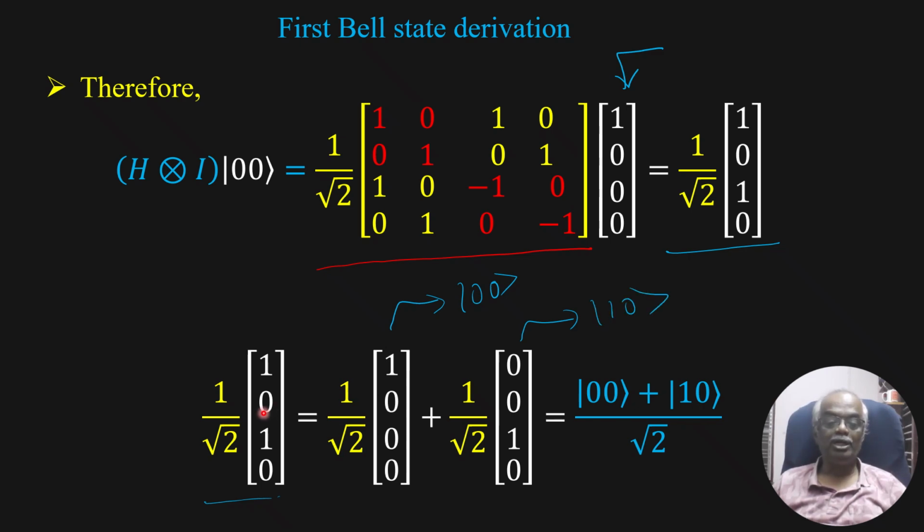You have a common multiplicative factor 1 over square root 2. So this can be written as the linear combination (|00⟩ + |10⟩) over square root 2. That is, both have equal probability. This is the linear combination.